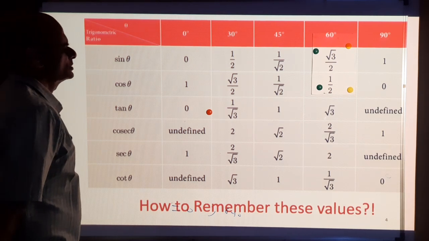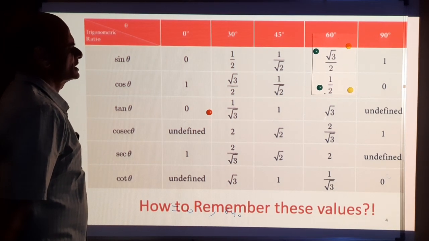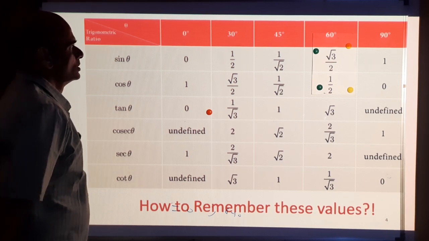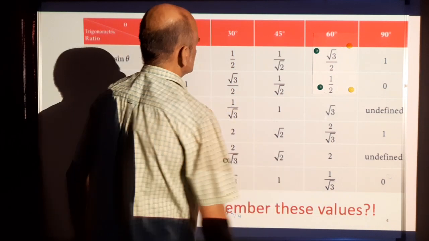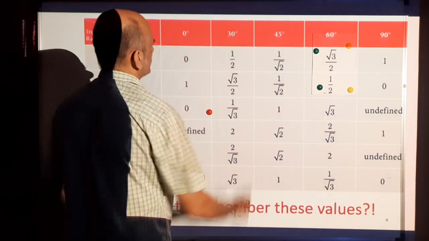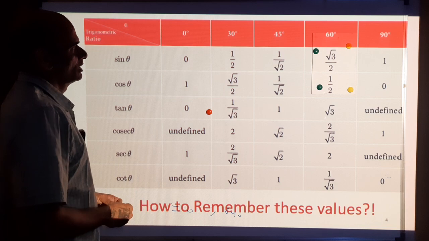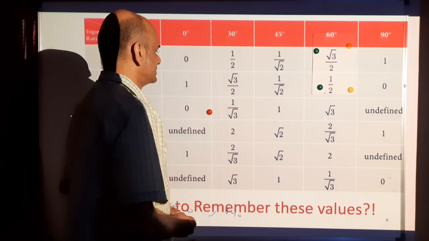Root 3 is 1.732, so the ratio is 1 is to 1.732 is to 2, and 2 is opposite 90 degrees because 90 is the maximum angle. So from this I get 30 and 60 results. For 45, the triangle is 45, 45, 90, the ratio is 1 is to 1 is to root 2. And for 90, you have to consider 90 minus delta.